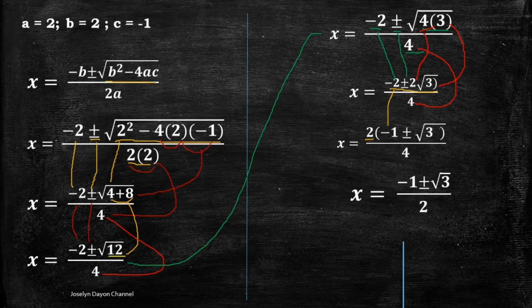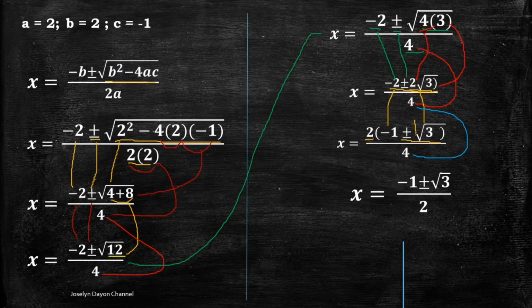And plus minus 2 square root of 3 divided by 2, the answer is square root of 3. No need to write 1 if the coefficient of the radical is only 1. So we have now the resulting equation 2 times the quantity of negative 1 plus minus square root of 3. Then copy the denominator 4.